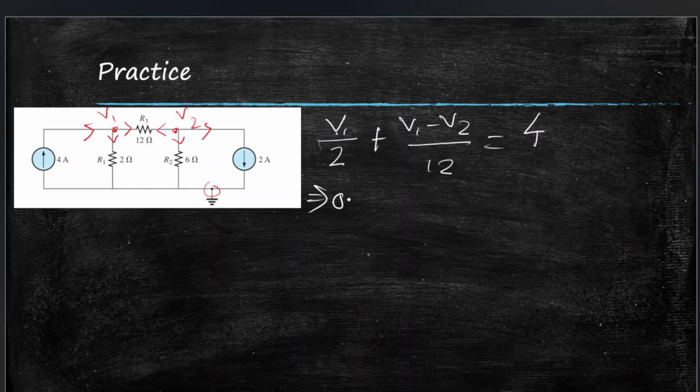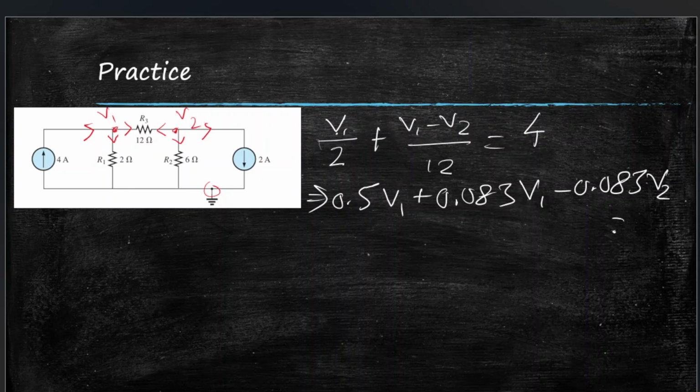So 0.5 V1 plus, so 1 over 12, so plus 0.083 V1 minus again 0.083 V2 is equal to 4.